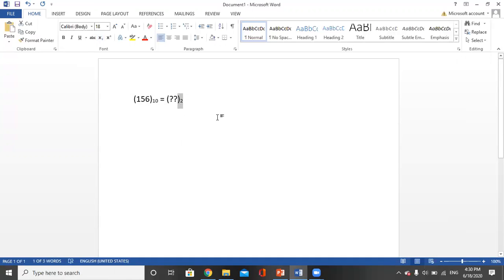As we know, the binary number system consists of the base value 2. So we can say that the question is asking us to find the binary value of this number, that is 156. For this we need to know about division.